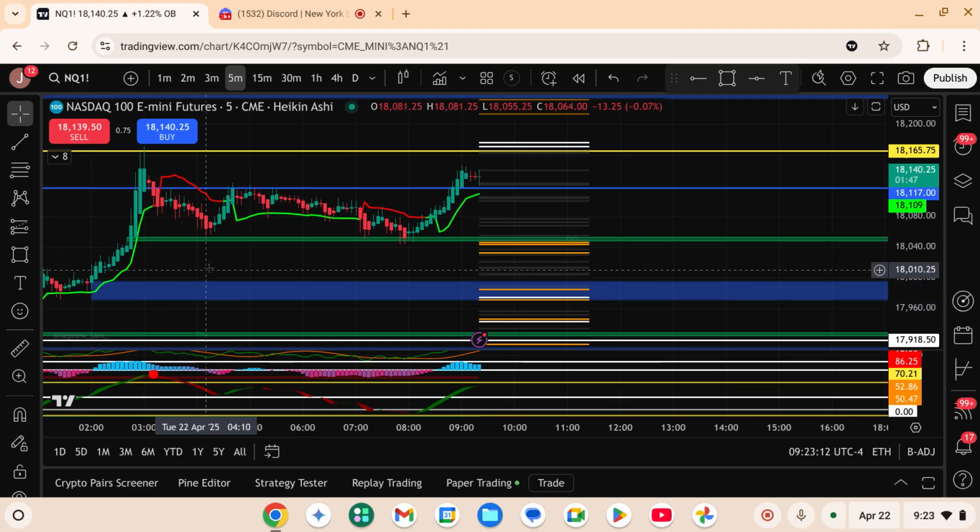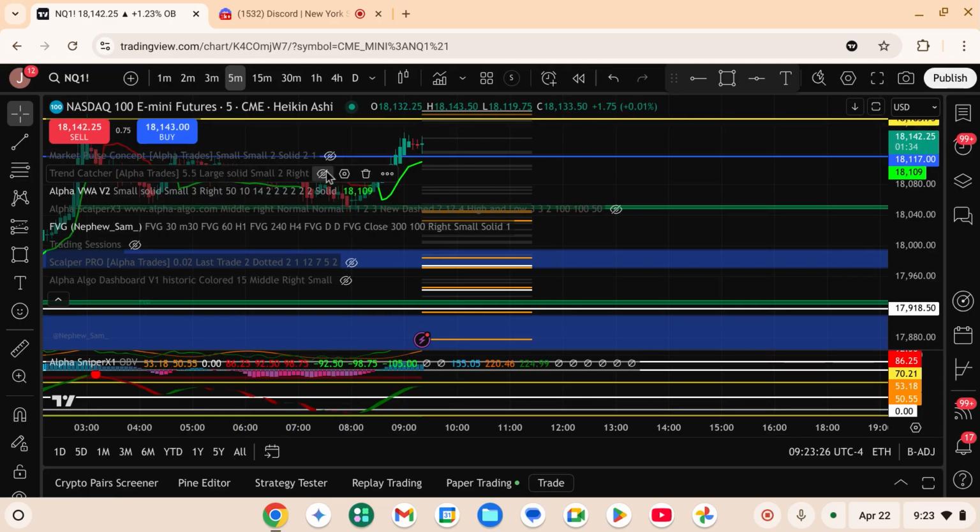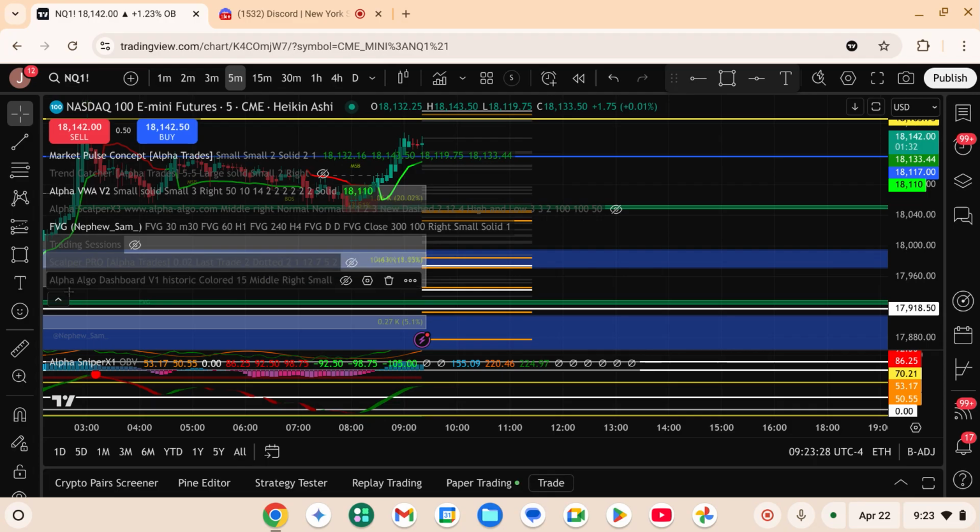Yeah. So if you look here, you got all this liquidity sitting inside this half-hour order block, 15-minute order block, and 5 minute order block, I believe. Yeah, right here.